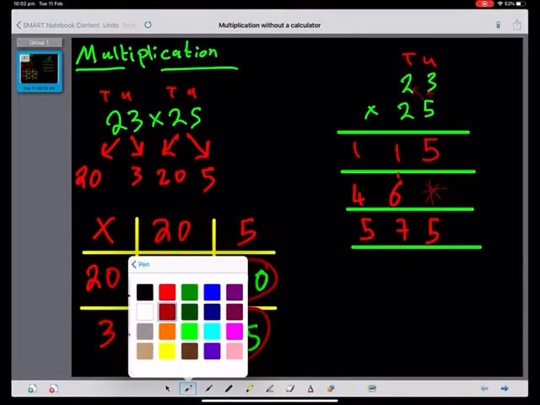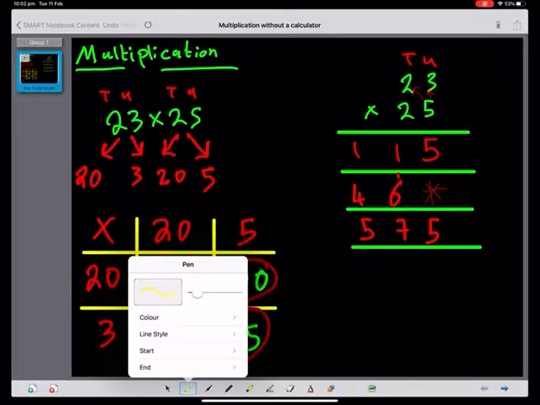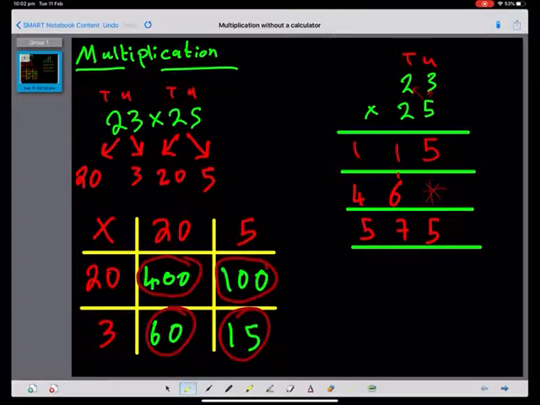Okay, so we now need to add up everything that we've multiplied, which is here, here, here, and here. Let's do this in yellow. We are going to use the addition algorithm. Okay, so we've got 400 plus 100 plus 60 plus 15.